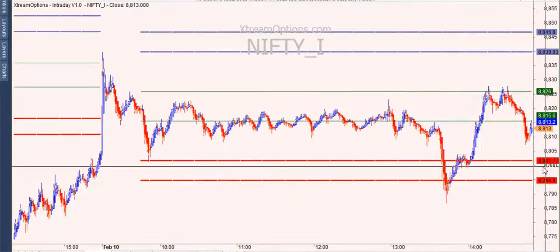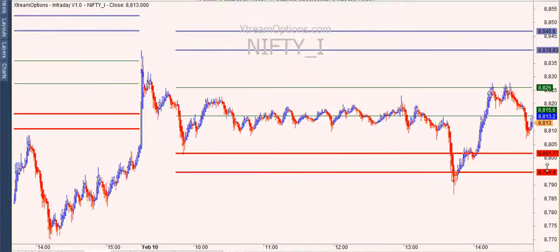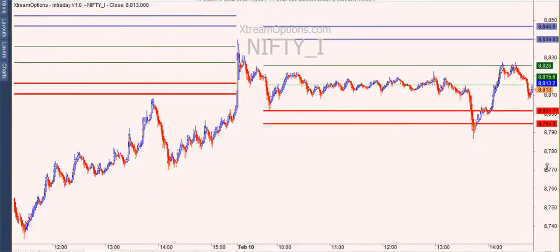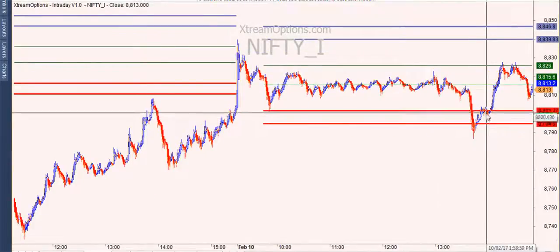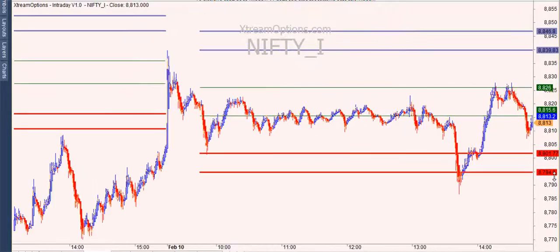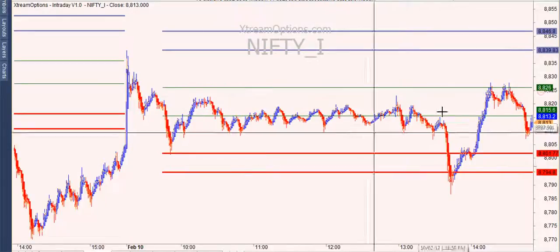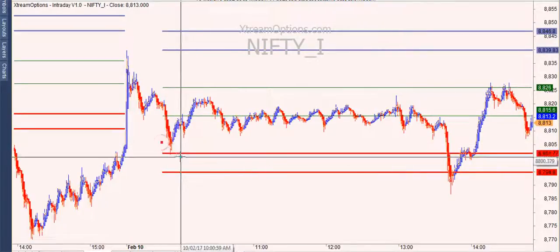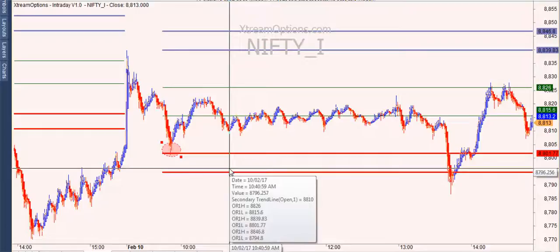Now let's have a look at how to trade this particular setup. I'll shrink the chart and show you some patterns. Look at this. This day started here and price hit this first support line.